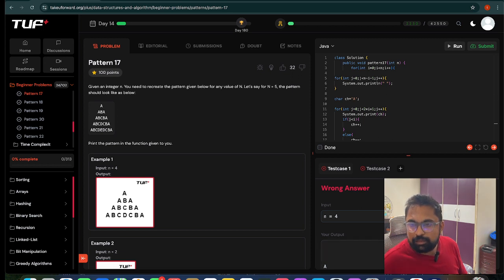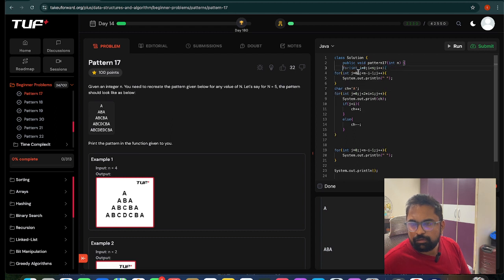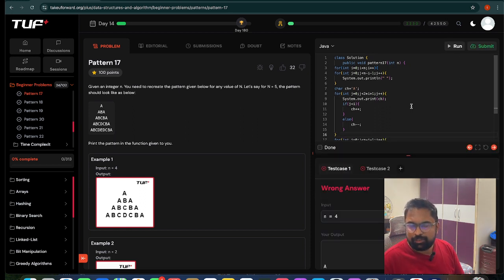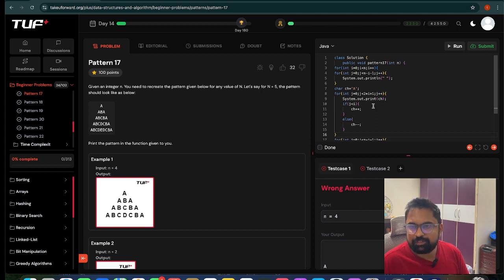What is happening? Is it due to the spaces in the code? I don't think so. A, A, A, B, C, A, we are getting the correct pattern. I'm not sure why it's showing the wrong answer. Are we doing something wrong here?